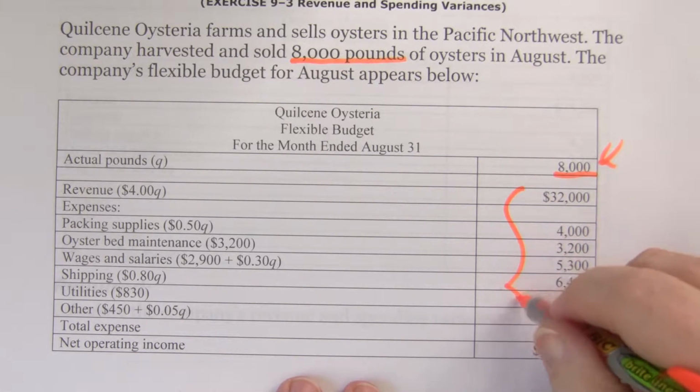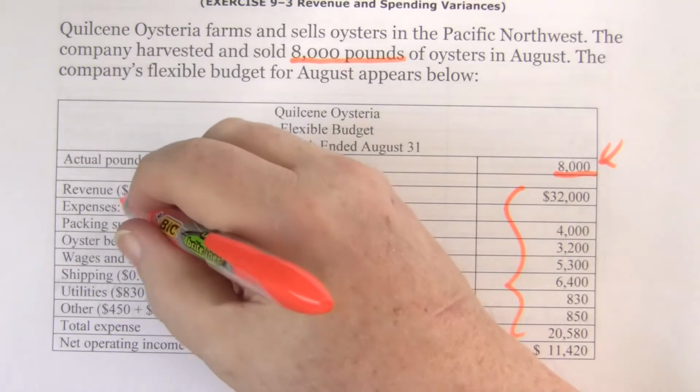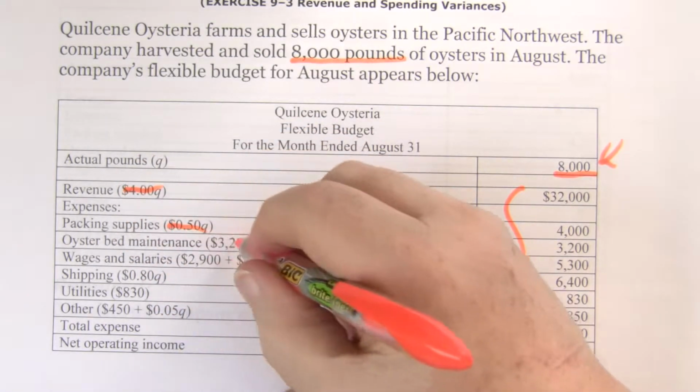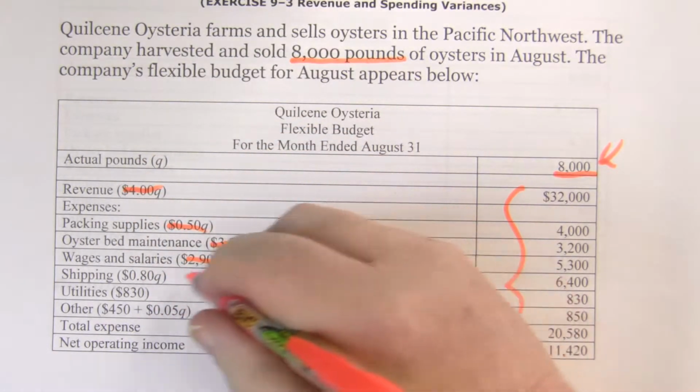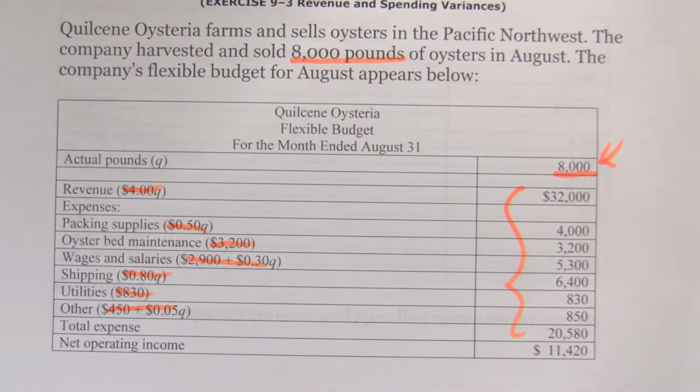These were the flexible budget numbers, and they give us the formulas right here. You can work out this formula yourself if you like. Add up the total fixed cost and add up the total variable cost. Then multiply the variable cost by 8,000, add it to the fixed cost, and that's your total cost.